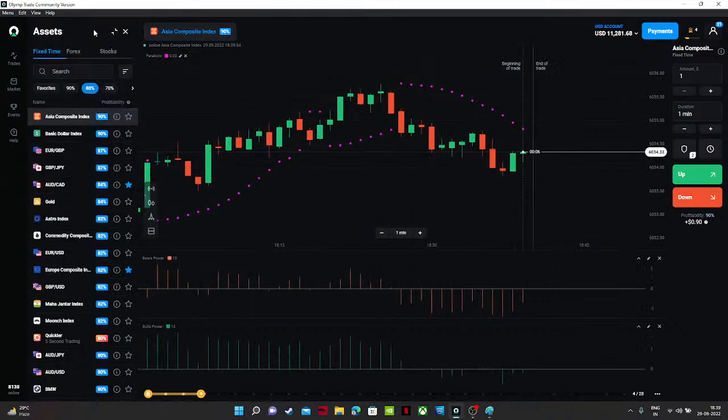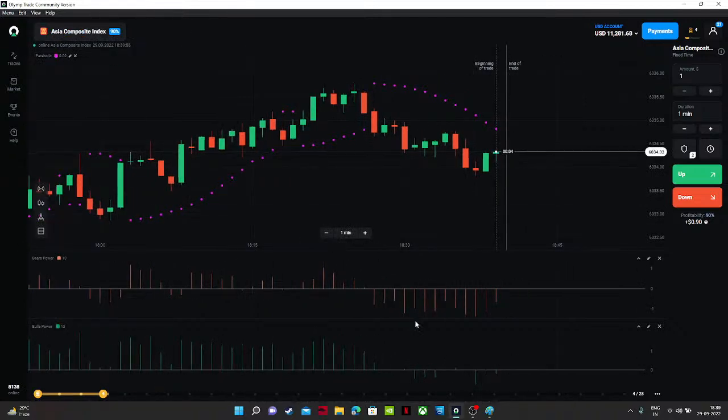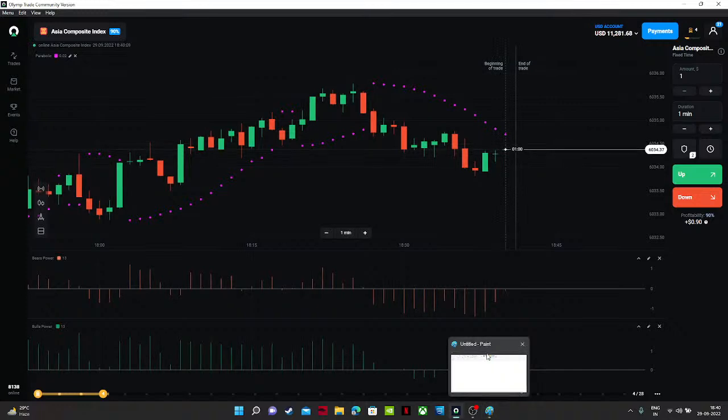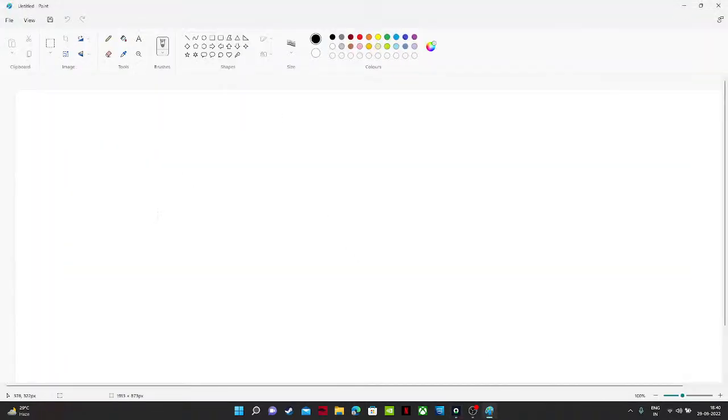So let us try to find some entries. But before that, let me teach you a simple but effective money management formula. Guys, how many of you have already heard about the martingale principle of trading? If yes, please mention in the live chat, and also mention what you think about the martingale principle.